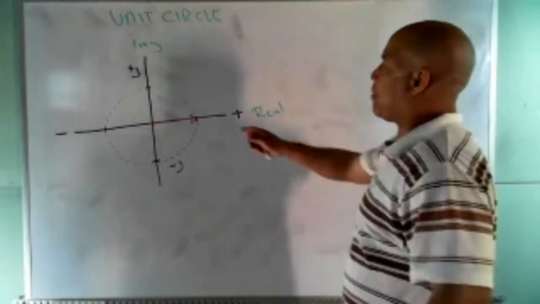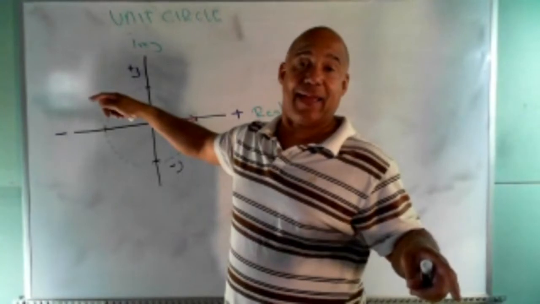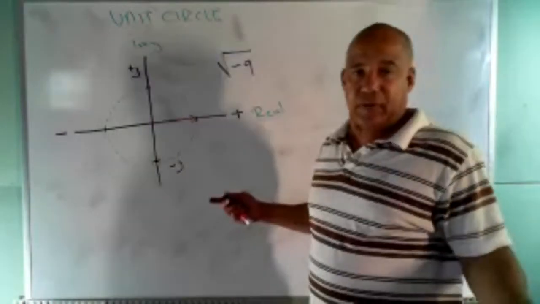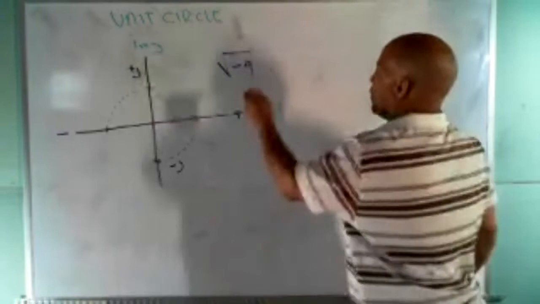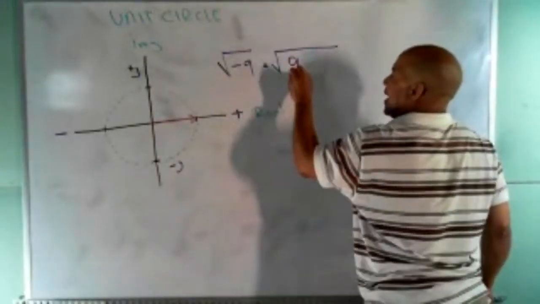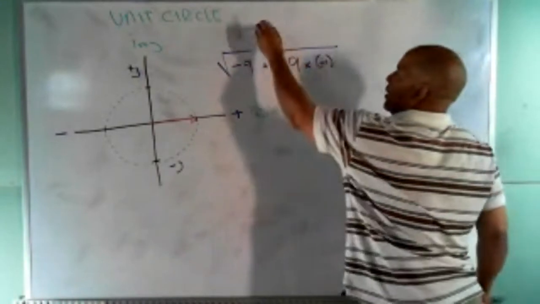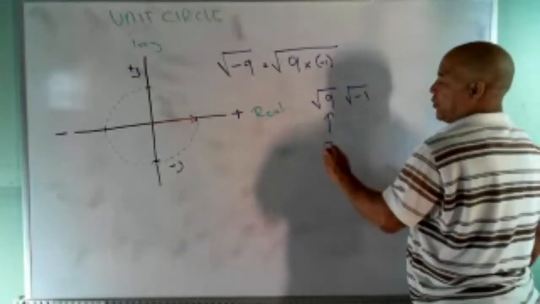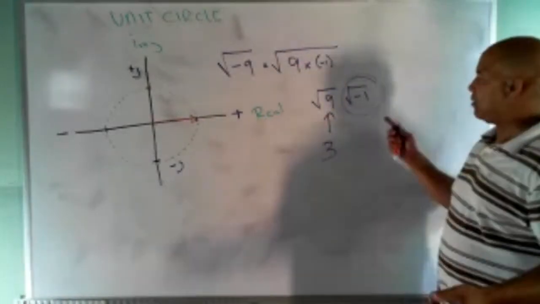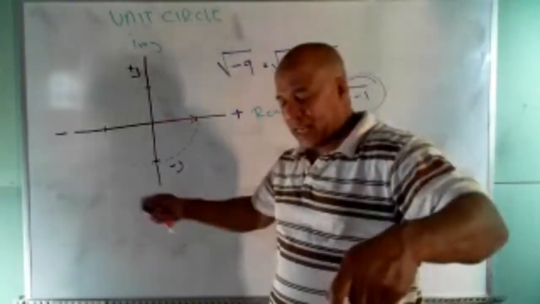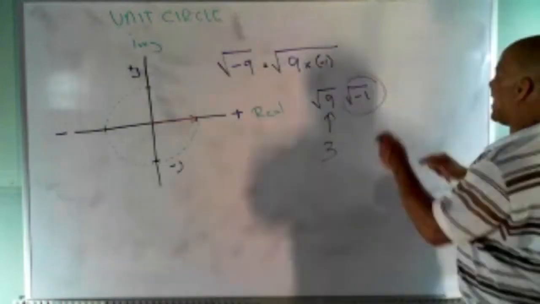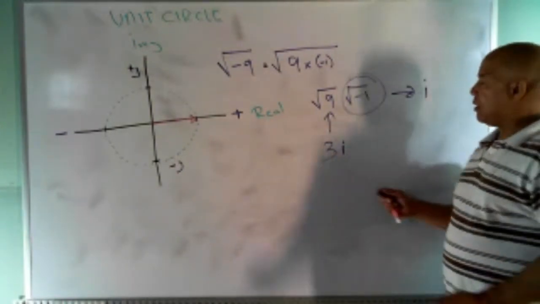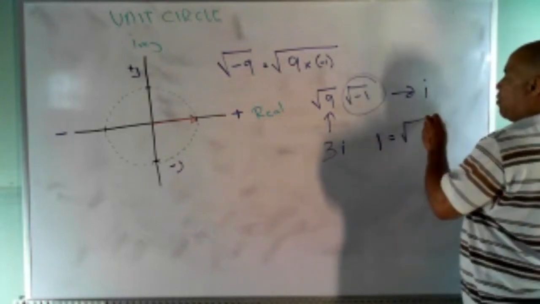Now remember, in math, what we're calling J, in math they call I. So if you remember what I showed you, call that I. And so if you have 3I, that really is a square root of minus 1. So I equals the square root of minus 1.